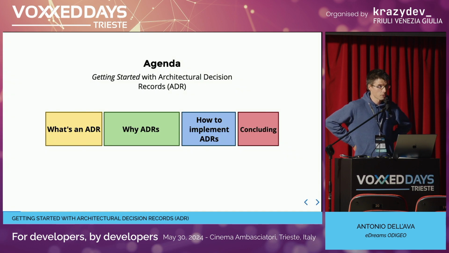Basically because you can find a lot of documentation online about how to write an ADR and different templates, so I will cover that part very quickly because there are a lot of resources. Instead, I see a lack of resources on explaining why it's important. Then I will briefly explain how to implement ADRs, and then I conclude.